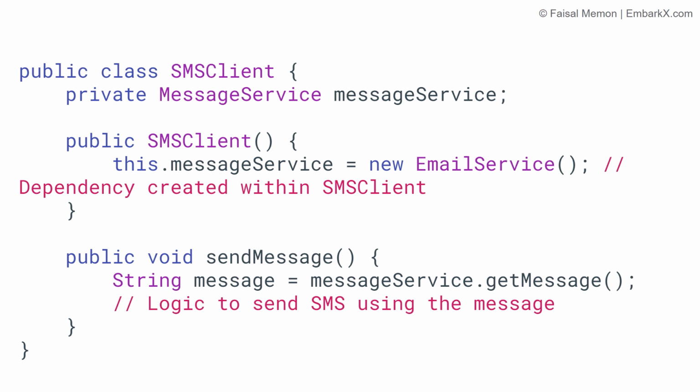Without this feature, the responsibility for managing the dependencies lies with the class over here. This particular class is taking care of managing the dependency. It is creating the dependency since it has the dependency on this particular object, and it is using it in its source code. This makes the code really tightly coupled, and it makes it harder to modify and replace dependencies in future. There are lots of problems that are associated with this approach.